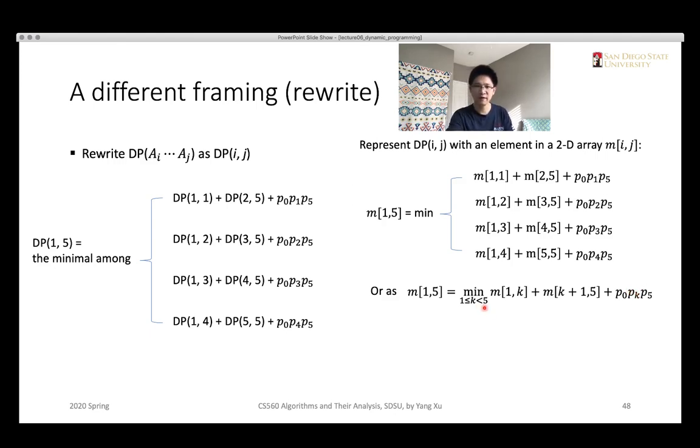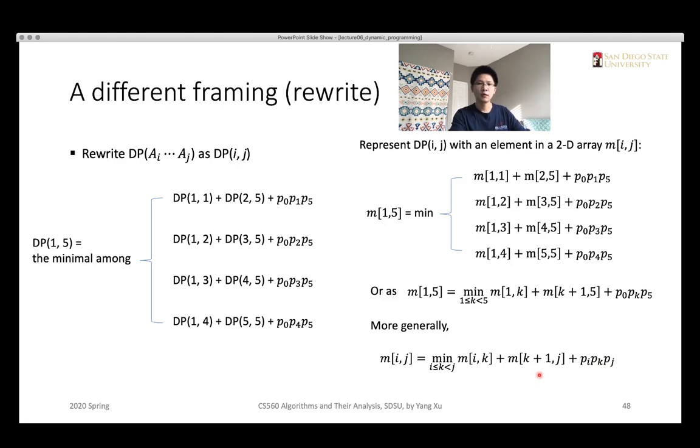So this is the very compact way of showing the optimal substructure of the problem. Or more generally, if we replace the numbers 1 and 5 with i and j, we can do the same thing, right? So now k must range from i and be strictly smaller than j, and the additional cost is in the form of p_i times p_k times p_j.